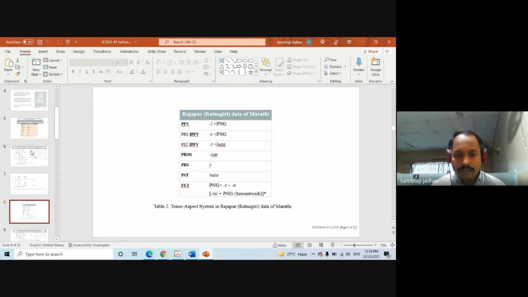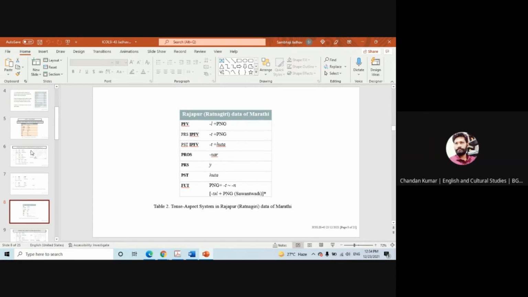Is that the standard variety? You are correct, because the standard variety will be there all over these dialects, since people will be switching to the standard variety many times. That is why we are getting that. Thank you.